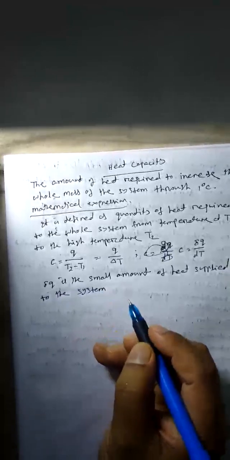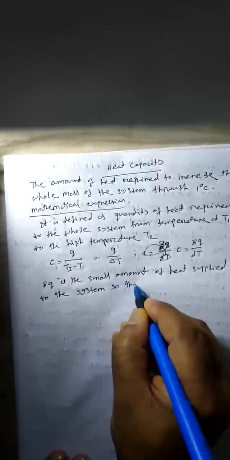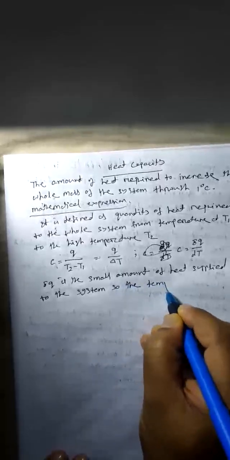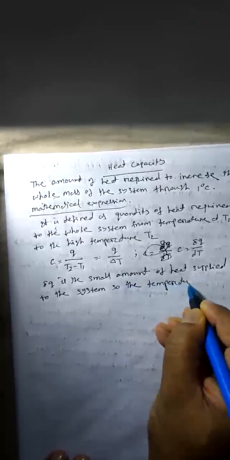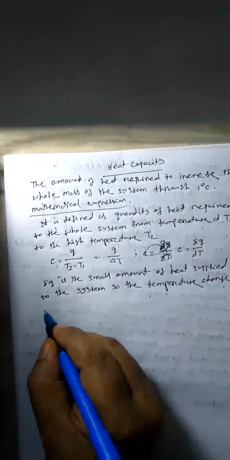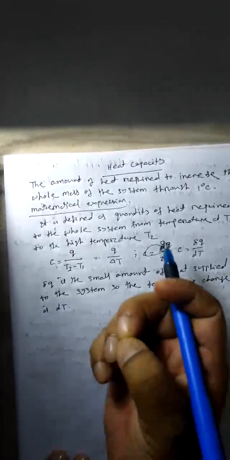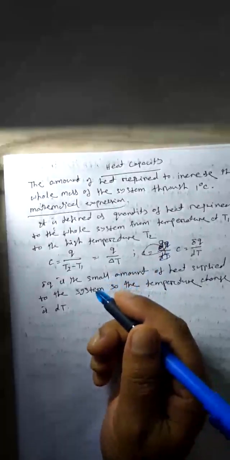So the temperature changes by dT, a small change in temperature. You have to supply a small heat, so a small temperature change occurs. That is called the heat capacity.